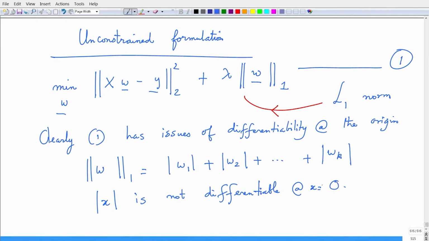This is from our basic calculus. So therefore closed form solution is hard, directly you cannot get the solution the way you did for the L2 constraint.